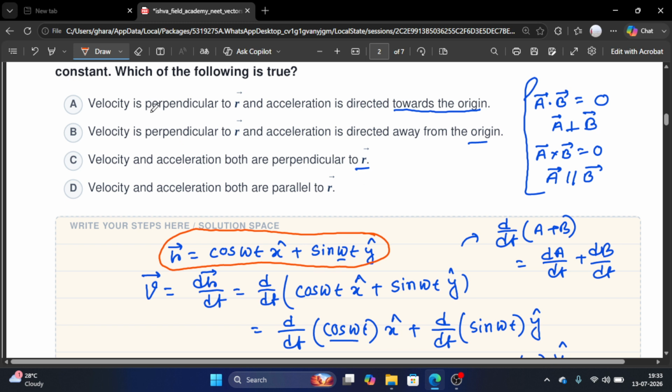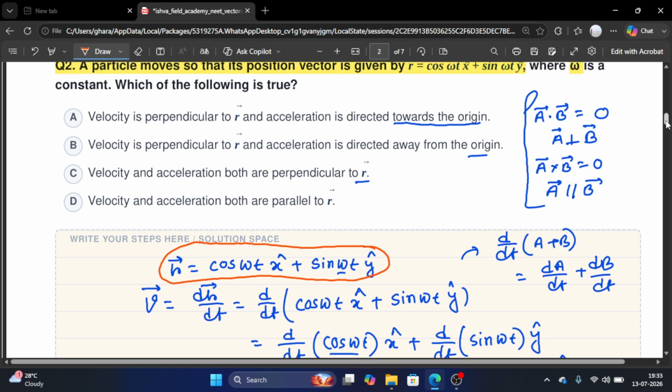First, velocity is perpendicular to r. Perpendicular means you take the dot product, and if you get 0, then these two vectors are perpendicular.